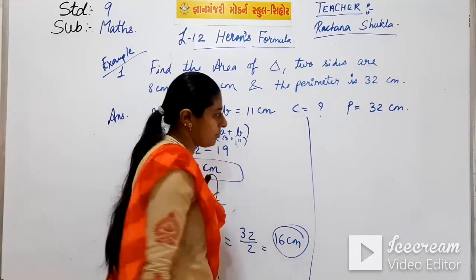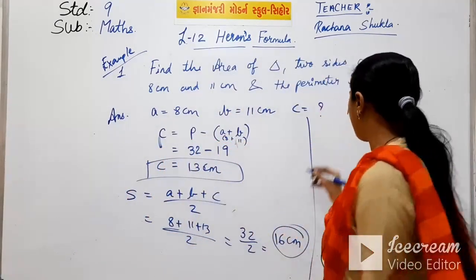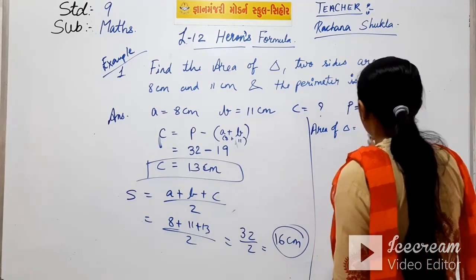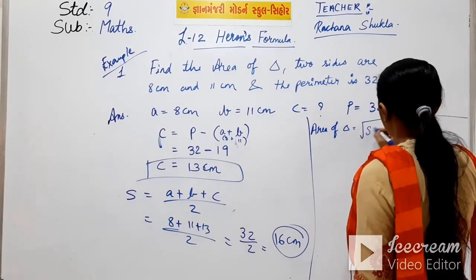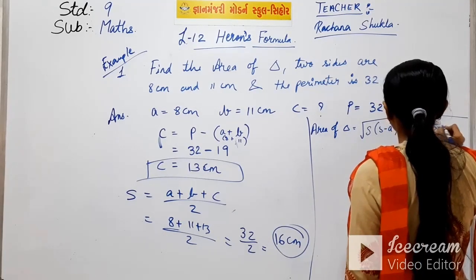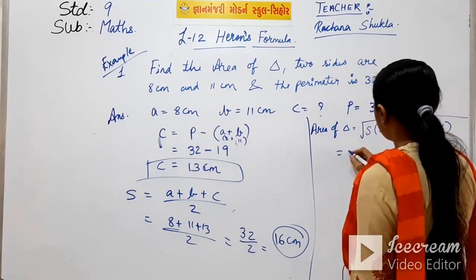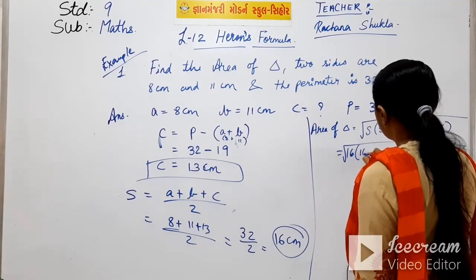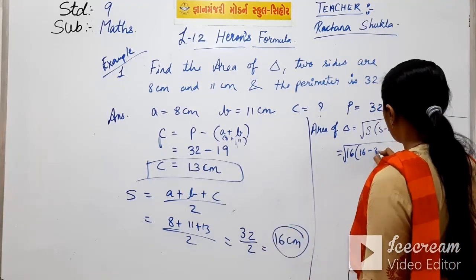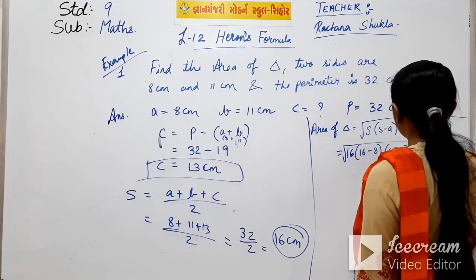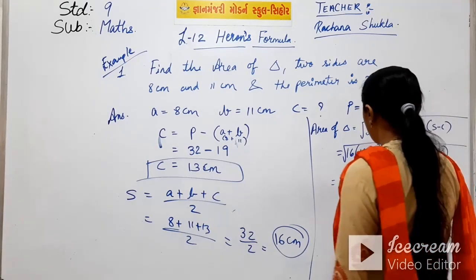Now putting the formula, Heron's formula for finding the area of triangle. Root of S, S minus A, S minus B, S minus C, that is S is 16, 16 minus 8, 16 minus 11 and 16 minus 13.